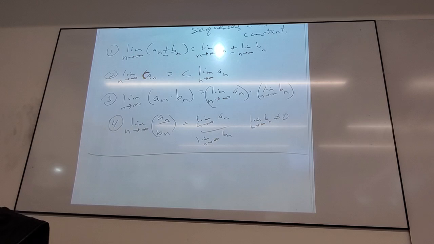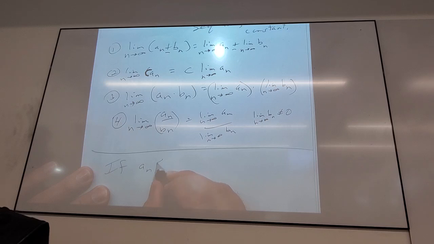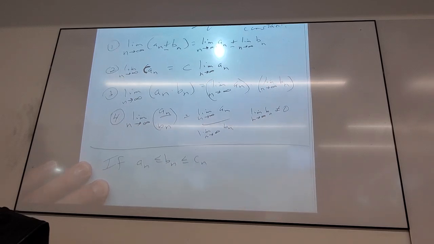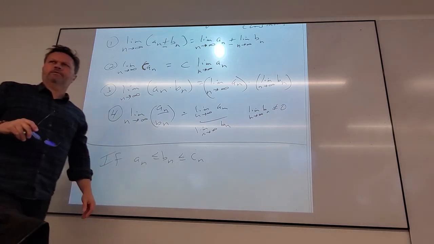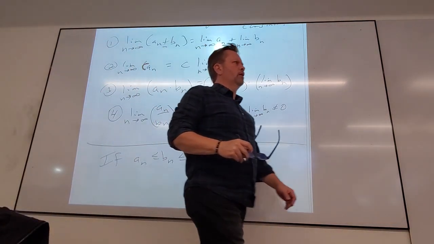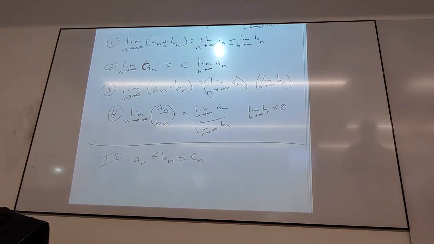Okay, so there are some limit laws. I've got a few more exciting rules to share with you. This should look somewhat familiar. Can somebody help me interpret what this says? What's true about the sequence b_n?